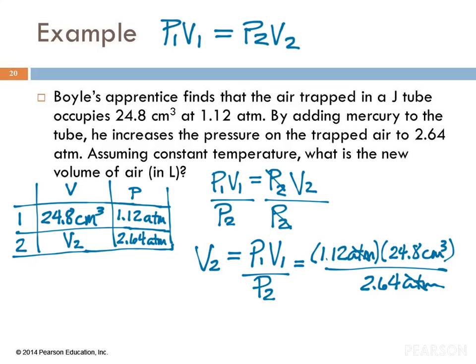Atmospheres cancel out. And then we get out our calculators. And we calculate 1.12 times 24.8 divided by 2.64, and I'm getting 10.5.